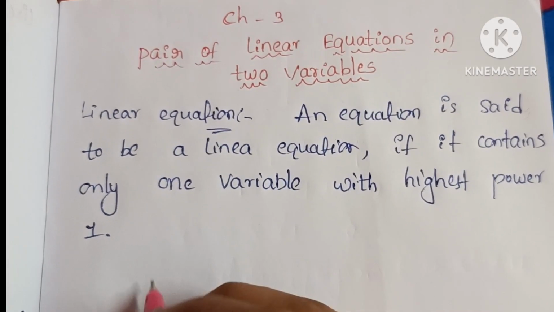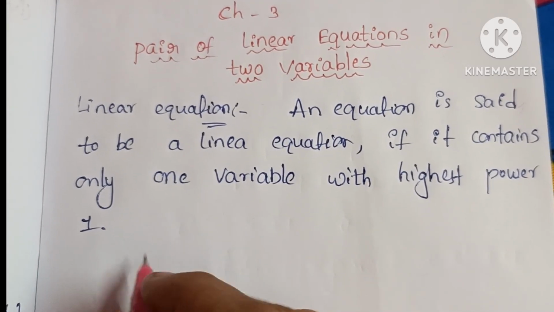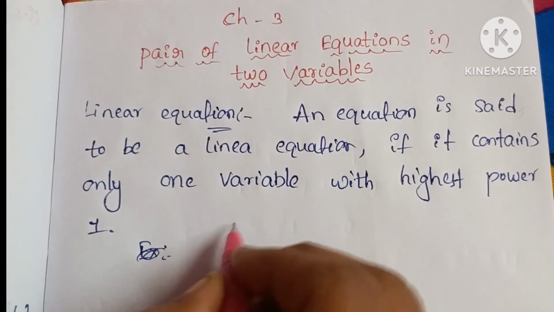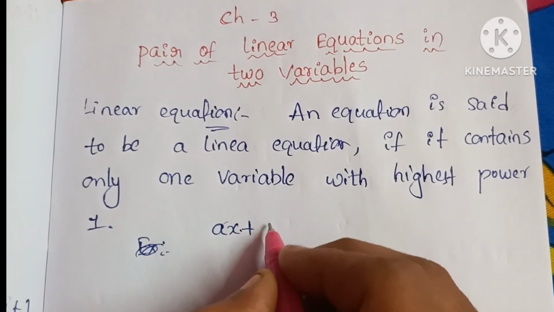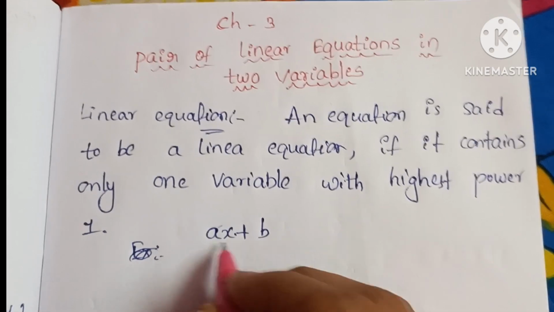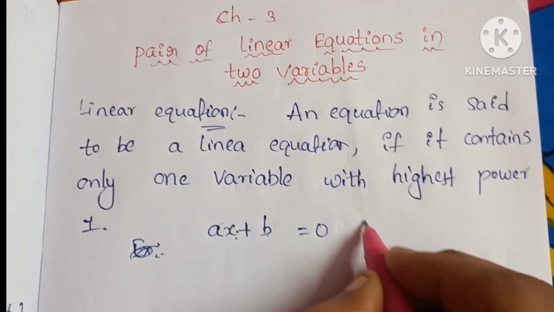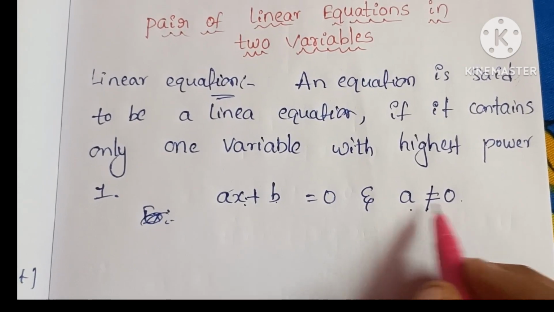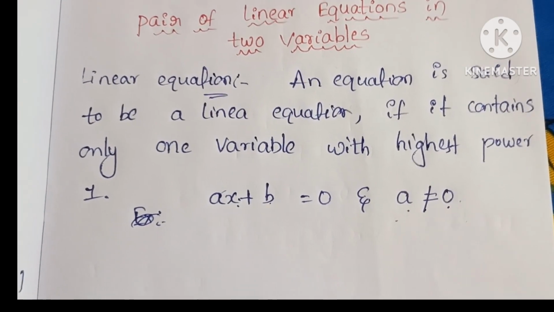Now, what is a linear equation? Example: the general equation of a linear equation is ax plus b equals 0, with the condition a not equal to 0.